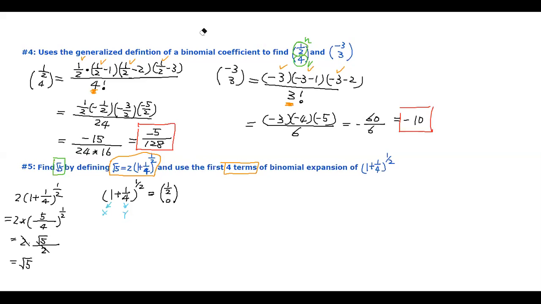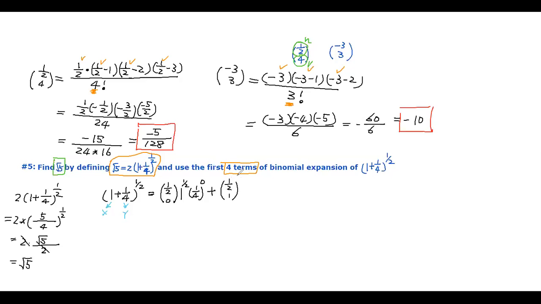Using the binomial expansion formula we talked about, this is 1 to the 1/2, then 1/4 to the 0, r equal to 0. Then plus, this is 1/2 choose 1, so this is 1 to the 1/2 minus 1, so it's negative 1/2, then 1/4 to the 1, r equal to 1 here.